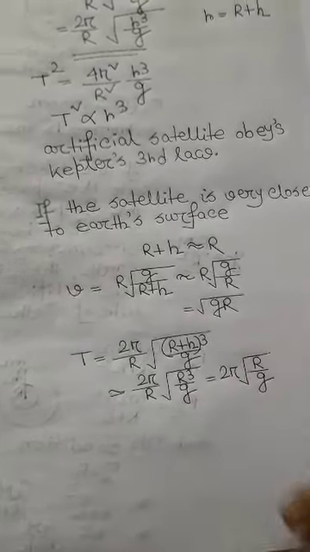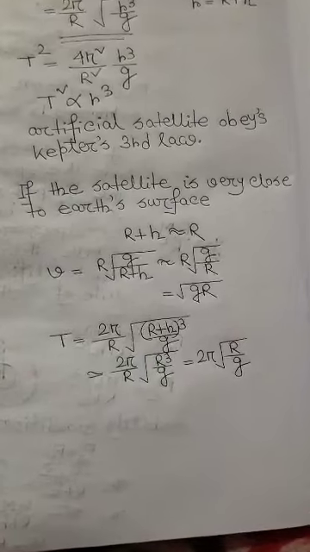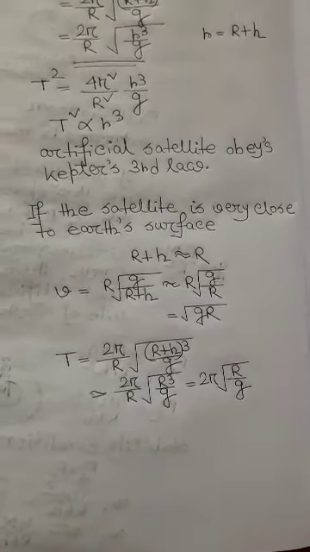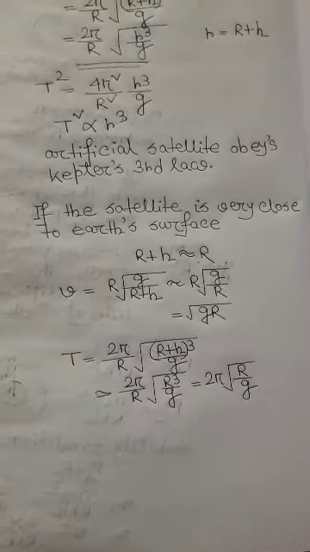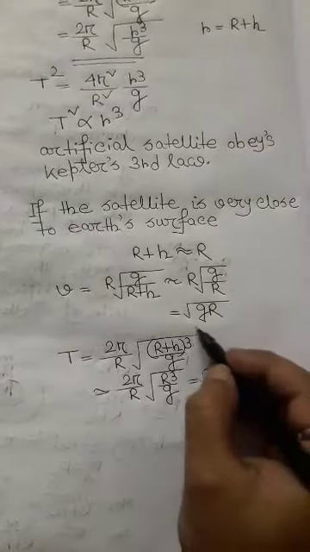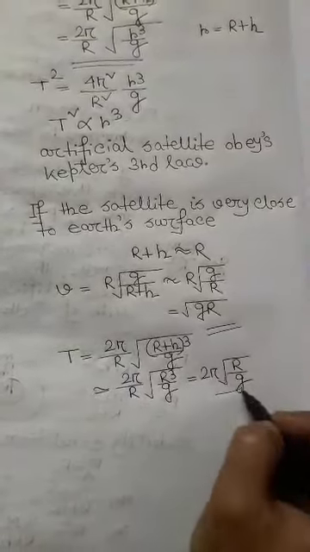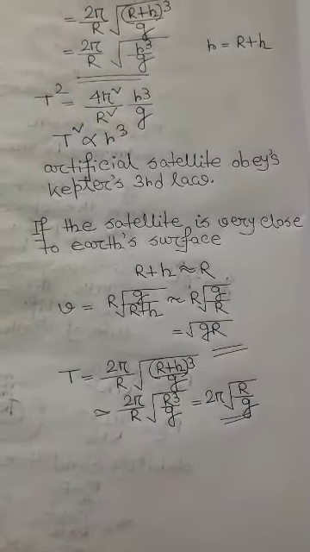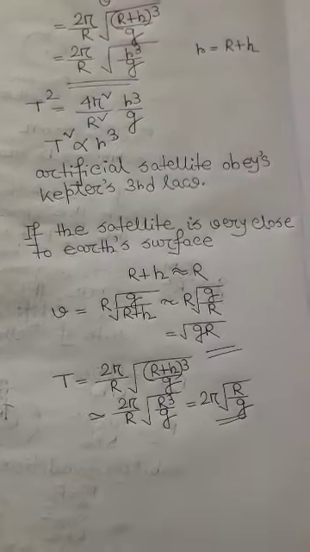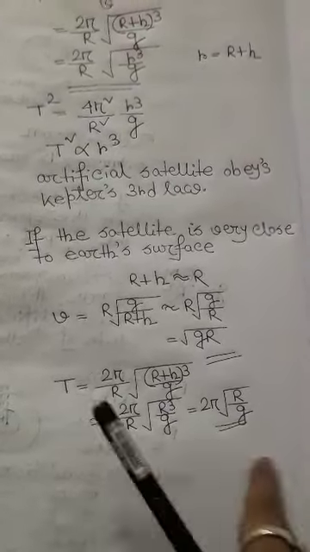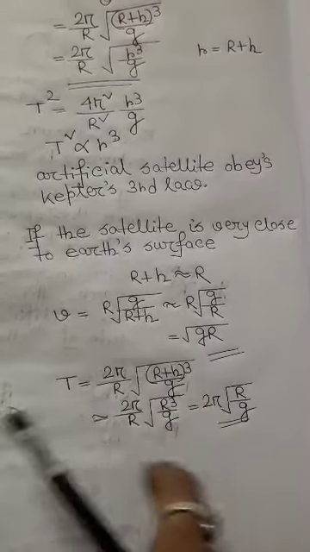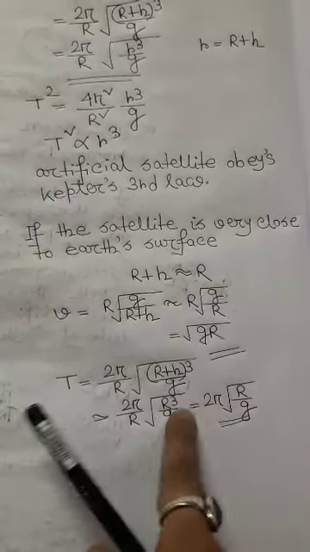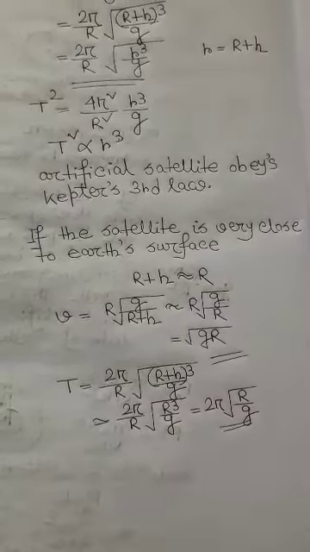So this is the time period of revolution and the orbital velocity of the satellite when the satellite is very close to Earth's surface. And remember, these two are very important expressions and they are used in different portions of classical mechanics. This is T equal to 2 pi square root R by g.